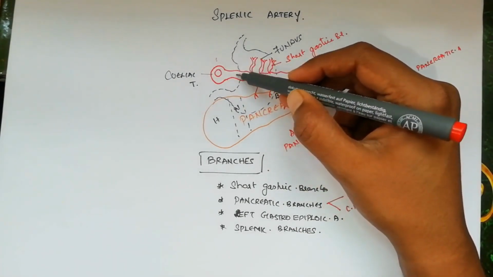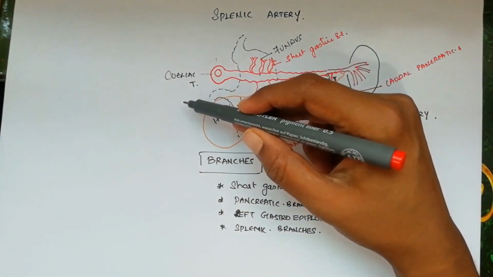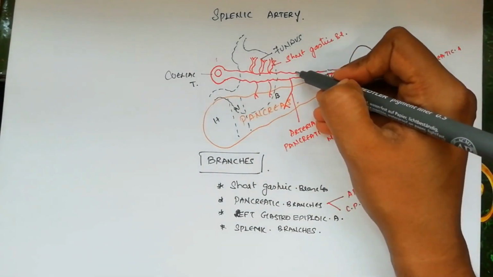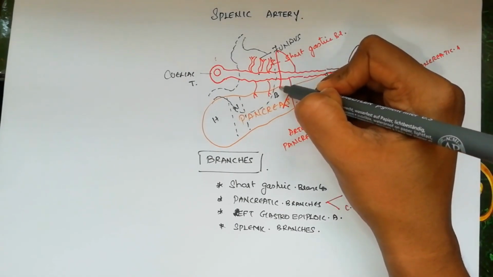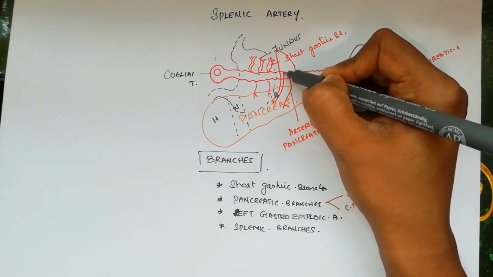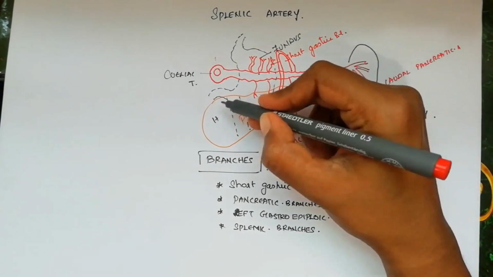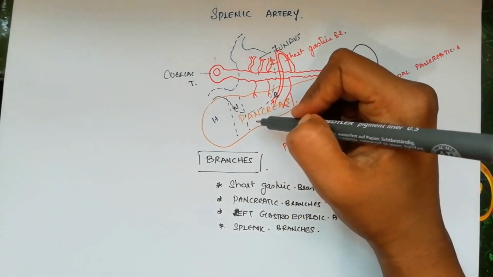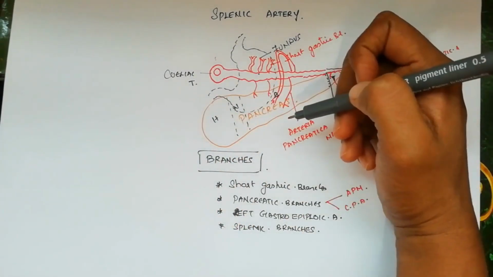going to supply near to the lesser curvature and get anastomosed with the right gastric artery coming from the other side. And here from splenic artery we have got one branch which is going to pass near to the greater curvature. So near to the greater curvature it is going to have its course like this, which is getting anastomosed in the remaining part with the right gastroepiploic artery which is coming from the other side, that is a branch of common hepatic artery.